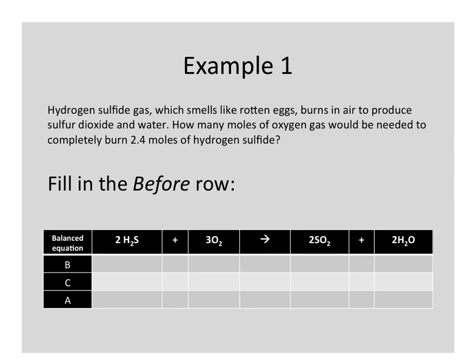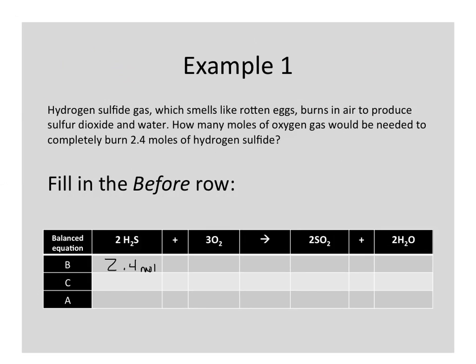All right, now that we have our balanced equation, we can start filling in the before row. Our problem says that we're looking for how many moles of oxygen gas would be needed to burn 2.4 moles of hydrogen sulfide. So we need to put our 2.4 moles of hydrogen sulfide into our table. So that's a before. We have 2.4 moles.